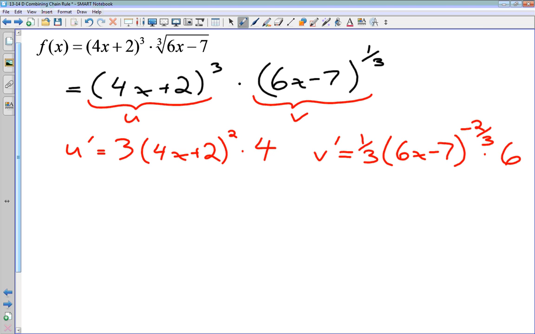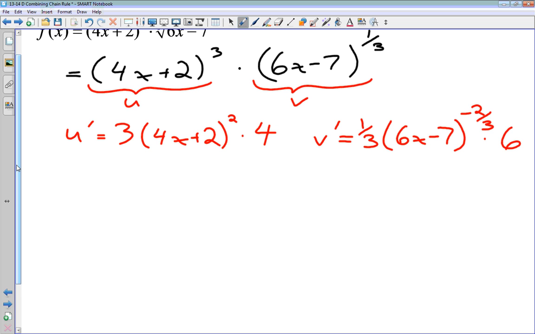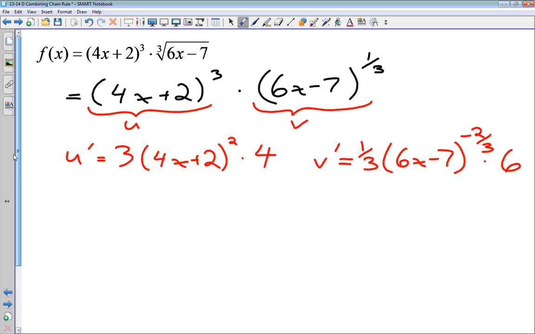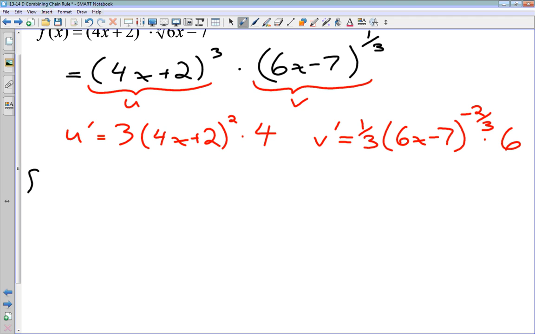So now, let's put this together to get the derivative of our original function. Let's get f primed at x. So we know product rule is going to be u primed times v. So u primed is 12, 4x plus 2 all squared. Okay, just combining the 3 and the 4.